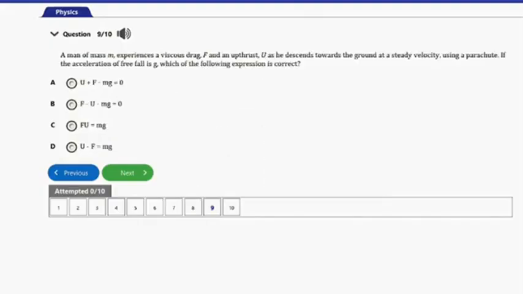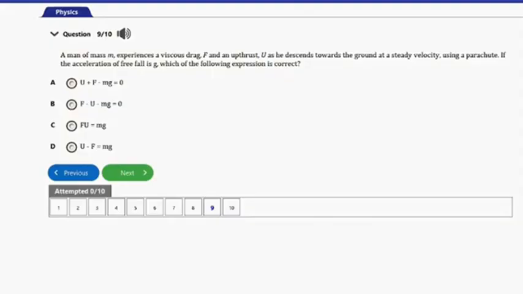So the next question we have here is question number 9. It says, a man of mass m experiences a viscous drag F and an upthrust U as he descends towards the ground at a steady velocity using a parachute.